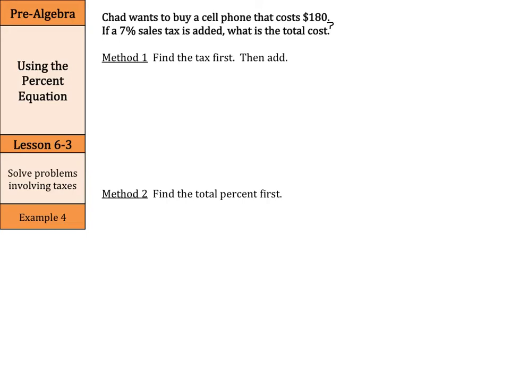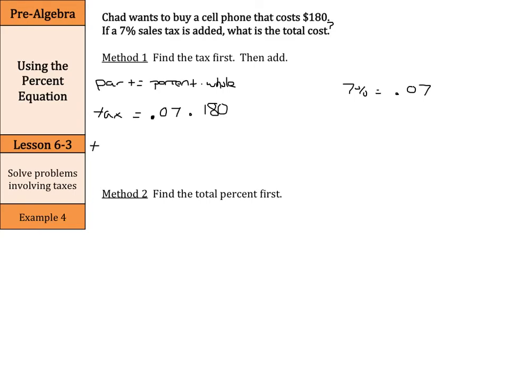Now if we consider our percent equation, that is part equals percent times whole. Well, a tax is a part of the whole. So we could say our tax is going to equal our percentage, which 7% as a decimal is 0.07 or 7/100, times our whole of 180.